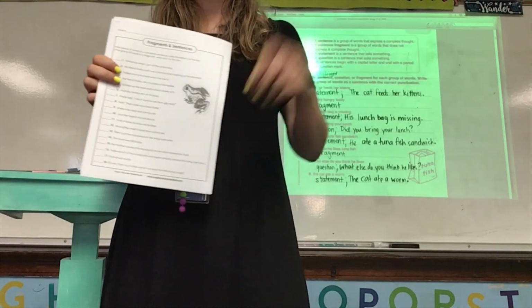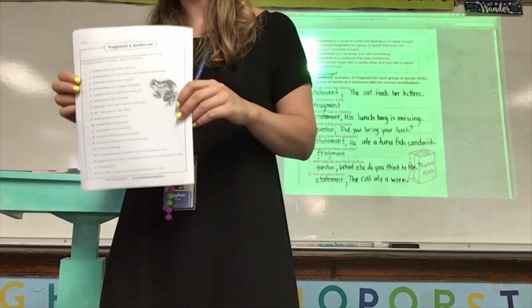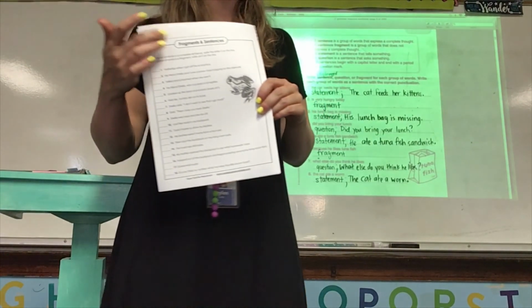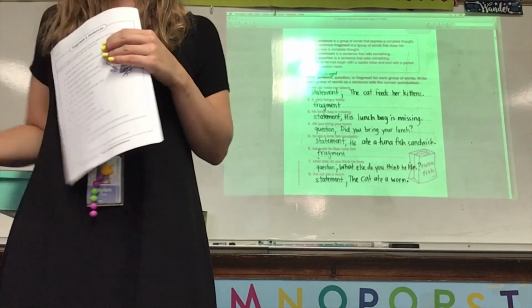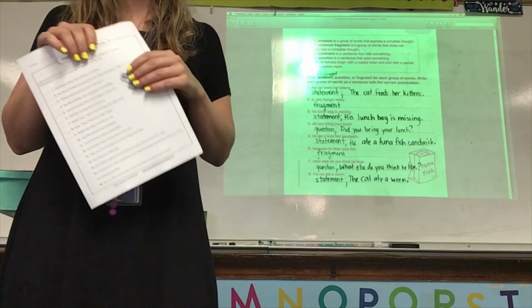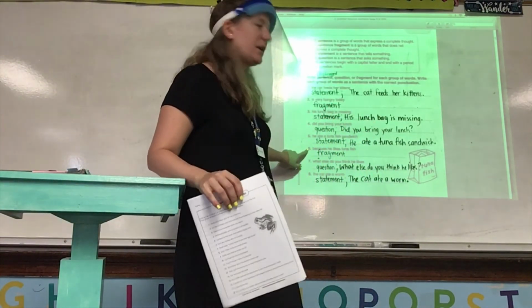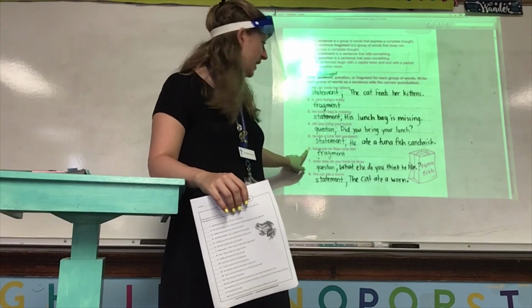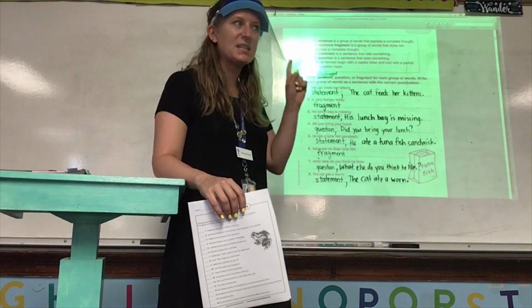Does it have a who and a what? Make sure it doesn't have a word like because or if or anything like that at the beginning. Because if it has because at the beginning, but never says because what, is that a complete thought? It's like number 6, because he likes tuna fish. Well, it has a who and a what, he likes, but that because makes it an incomplete thought.